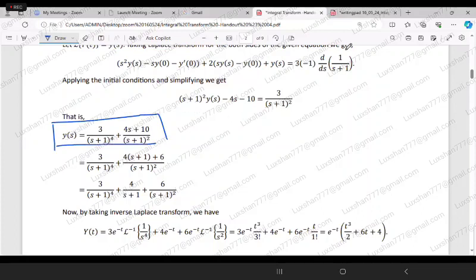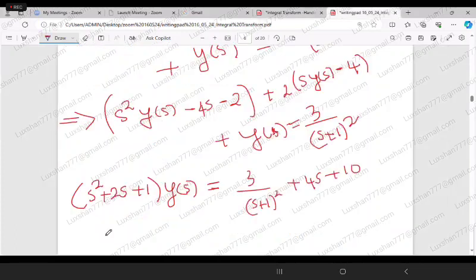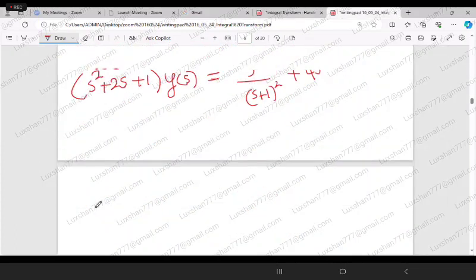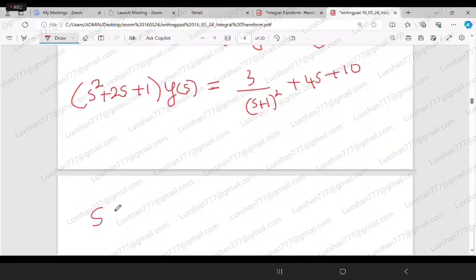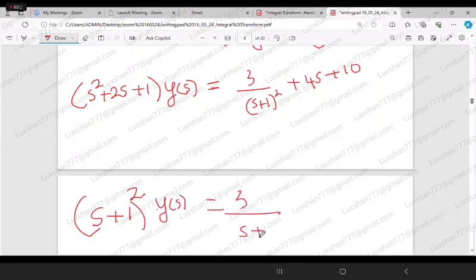So actually, we are having this one. Yes. So you can write this as what? S square plus 2s plus 1 is what? S plus 1 all in square, into Y(s) equal to p over (s plus 1) all in square plus 4s over 10.